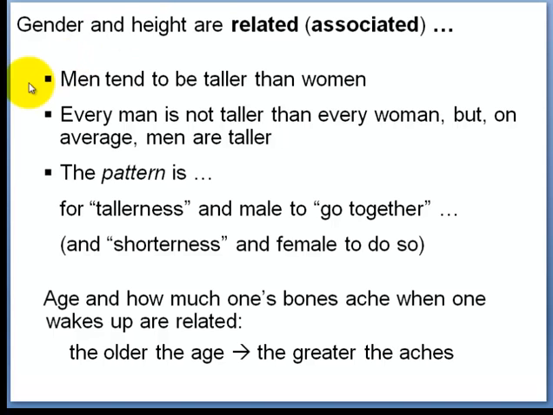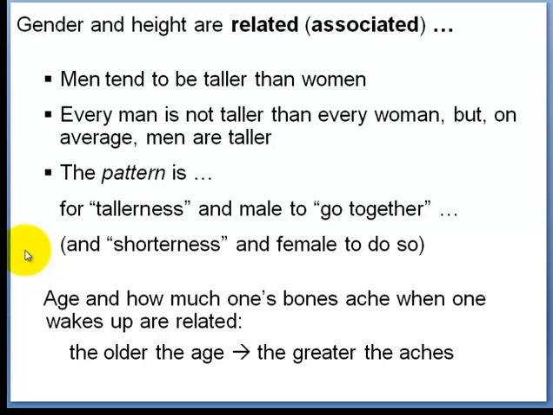For instance, taller height and being male tend to go together. Or one could look from the opposite perspective and say being short and female tend to go together. So we have a pattern that certain values of one variable tend more often to go with particular values of the other variable.